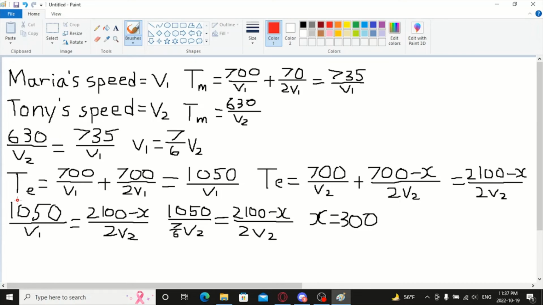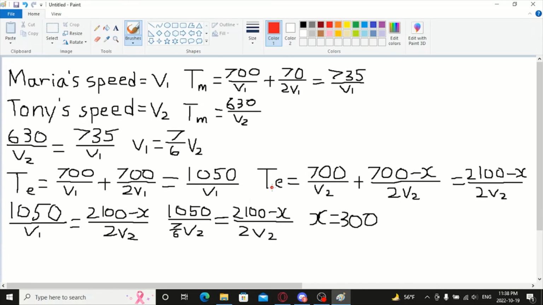Te is the point in time where Maria reaches the end of the race, moving 700 meters uphill and 700 meters downhill. So we know that Te is equal to 1050 over v1, which is her speed.